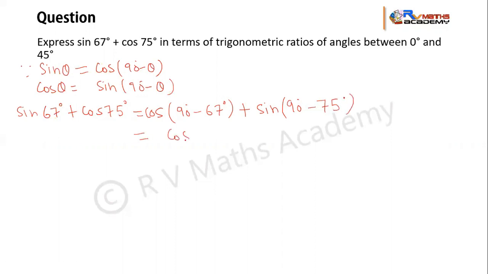When you subtract 67 from 90 degree, you will get 23 degree. So we get cos 23 degree plus, 90 minus 75 is 15, so we get sine 15 degree. So here we have got an expression in which angles are lying between 0 and 45 degree, because 23 and 15 both are lying between 0 and 45 degree.